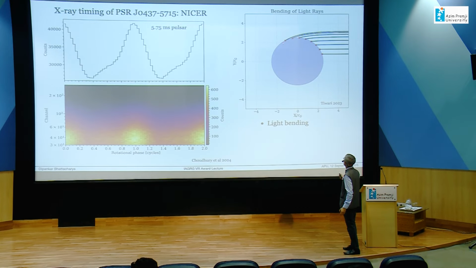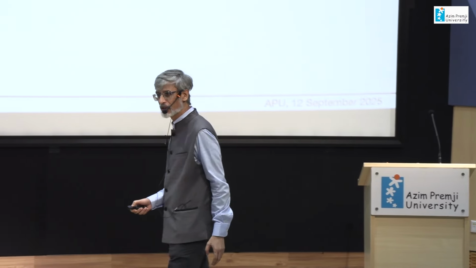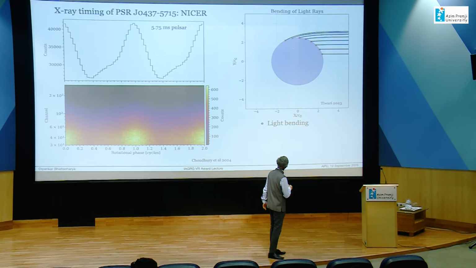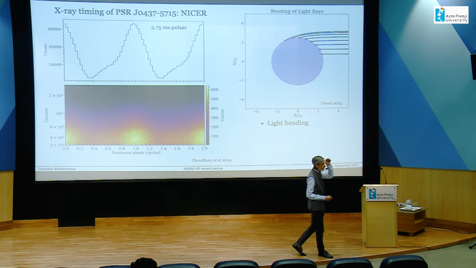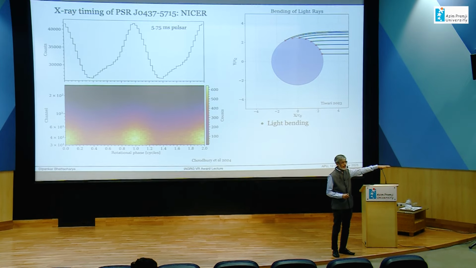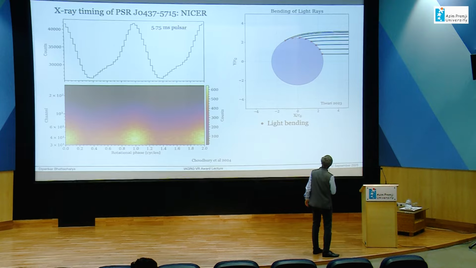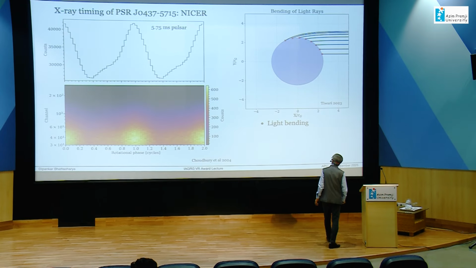You take several points on the surface of the neutron star which will all emit in the direction of an external observer at the same time. So ideally, if you have one line of sight and if you didn't have light bending, there will all be parallel rays and some part of this star will be seen. But because of the light bending, you can see even some of the backside at the same time. So you have to take this effect into account.